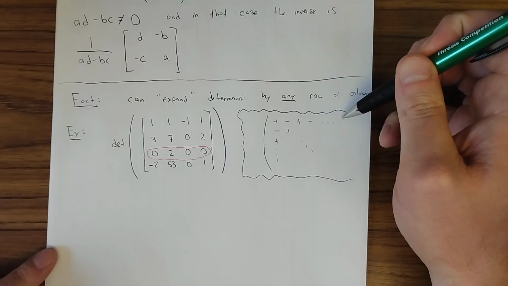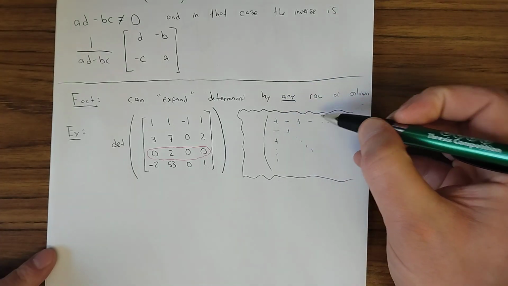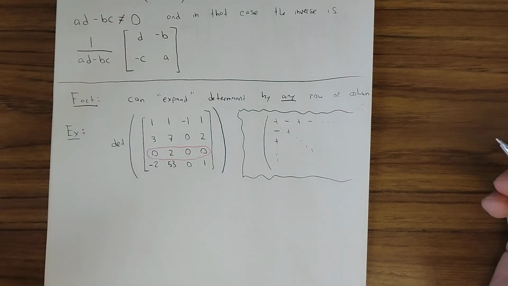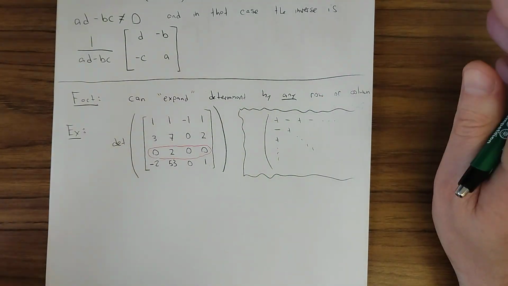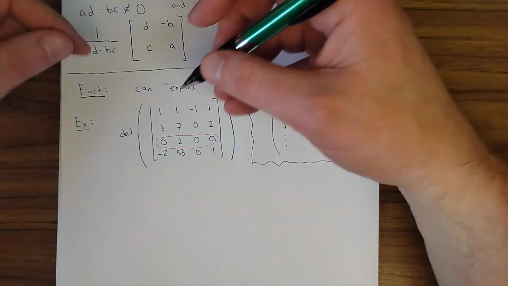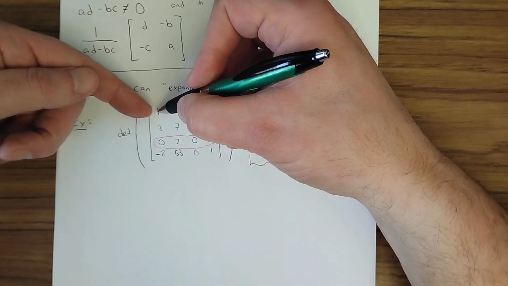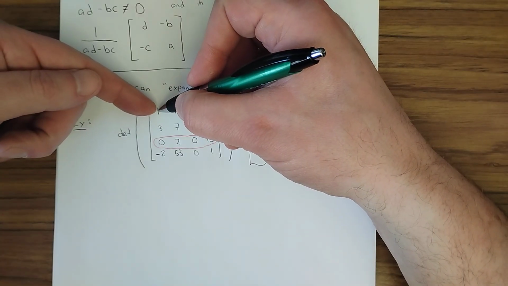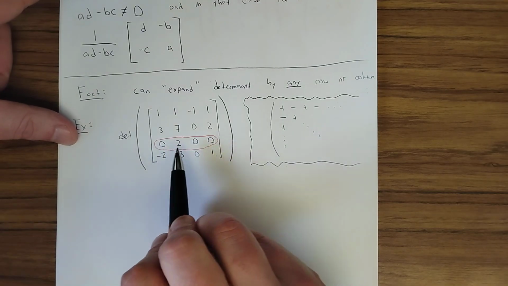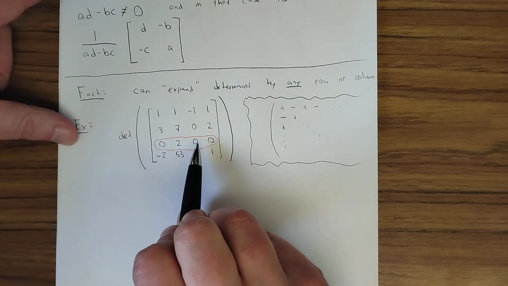If you're going across the top row, it's just plus minus. But if you choose a different row or a different column, the checkerboard pattern tells you what to do. So according to the checkerboard pattern, this would be a plus, this would be a minus, and this would be a plus. So going across this row, it's going to be plus minus.